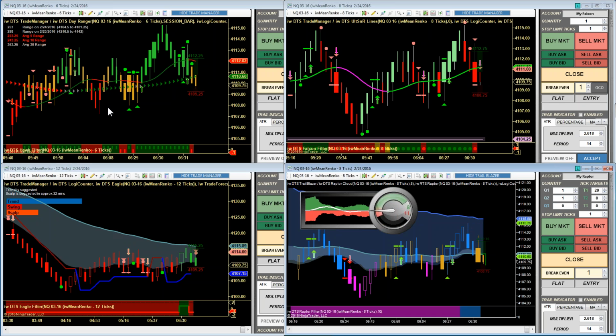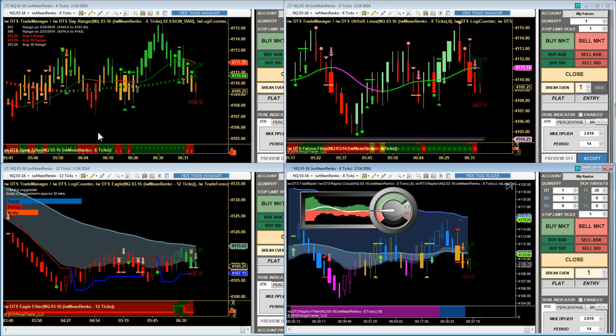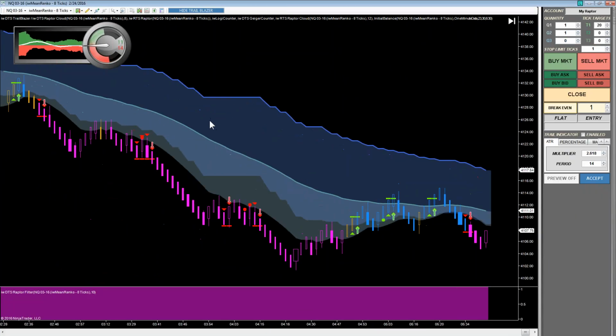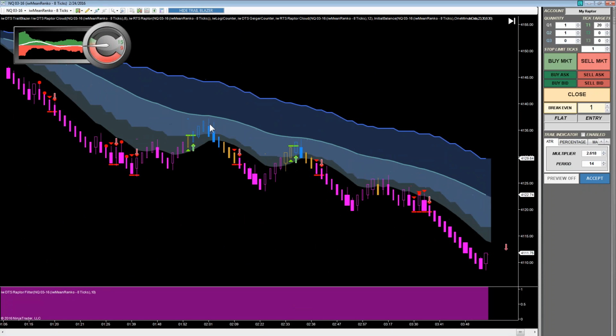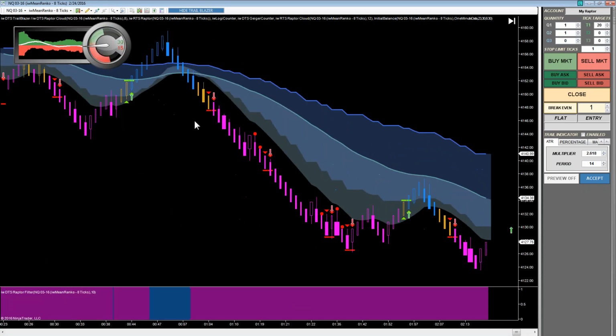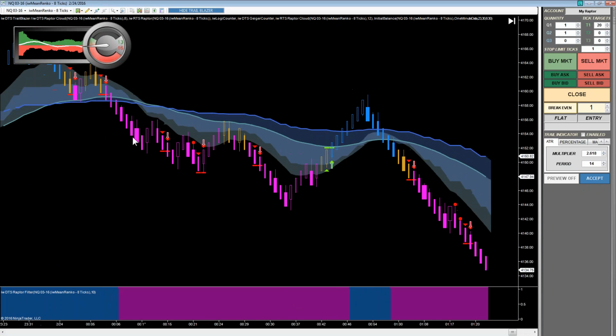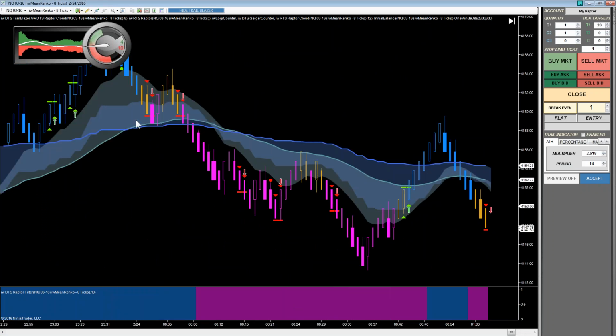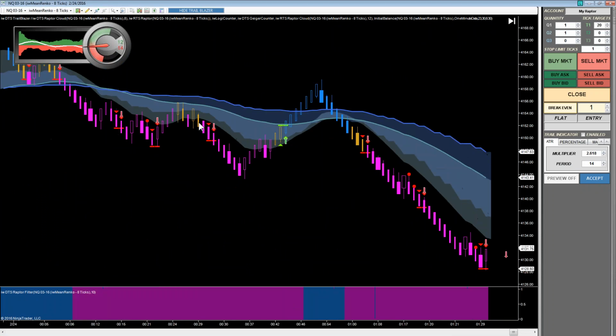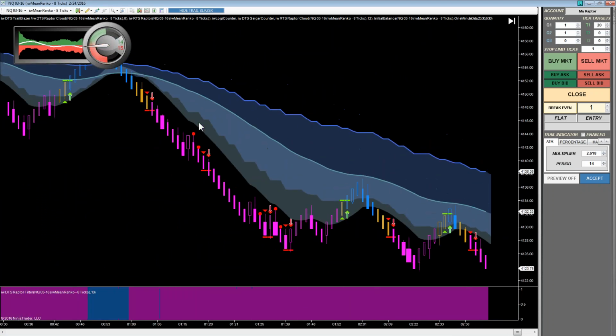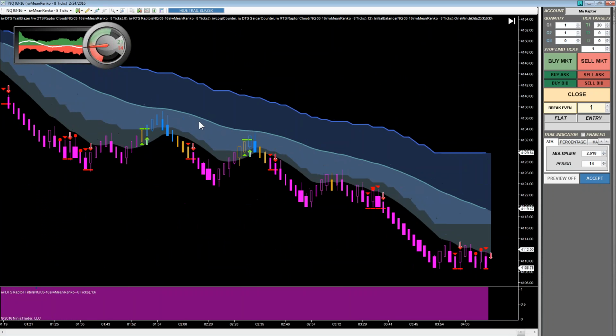Okay, so we just opened up. Let's take a look at what's been going on here in the overnight. We'll take a look at the Raptor. And you can see we've had a fairly substantial decline in the overnight. The London session opened right around here and really didn't waste too much time heading lower from there.